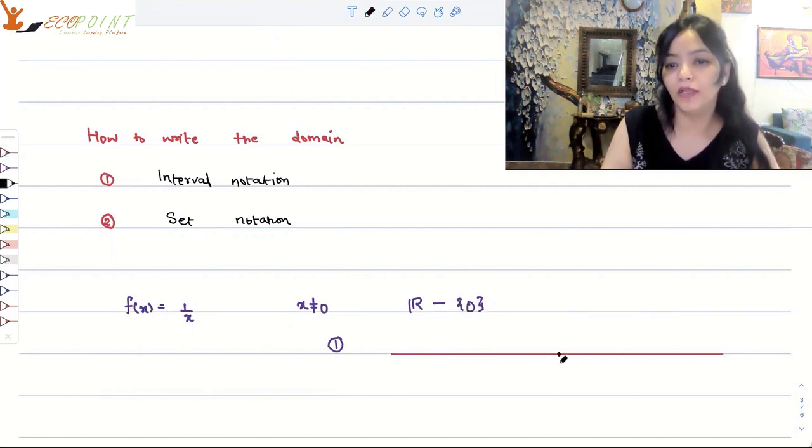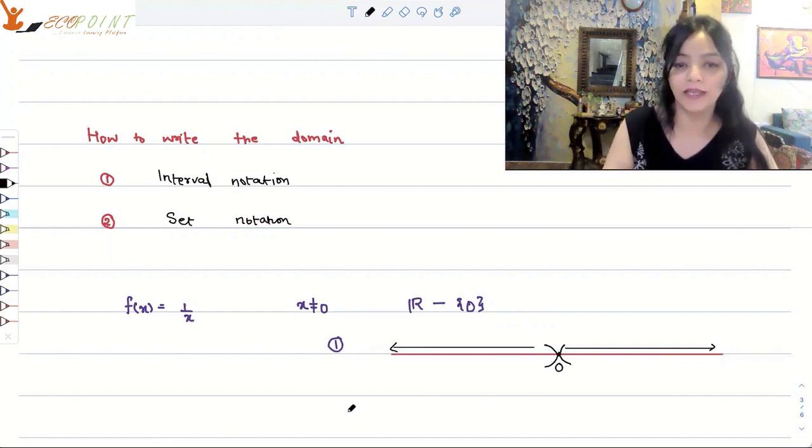So on the number line, 0 is here. All the real numbers to the left of 0 are fine. So an open interval notation here, an open interval notation on the right also, because everything on the right is also a plausible input. Everything on the left and everything on the right.